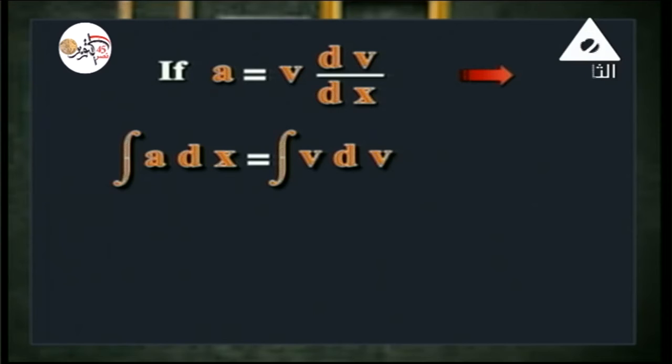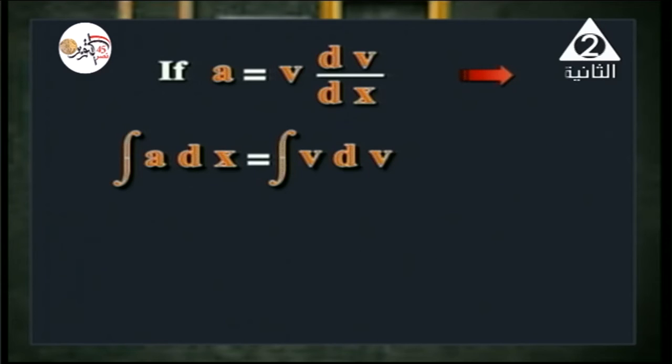My dear student, we have the second case of acceleration equals v dv over dx. By using cross multiplication, a dx equals v dv, and we use integration on the left hand side and right hand side. Then we have the equation: the left hand side, the integration of a dx, equals the right hand side, the integration of v dv.